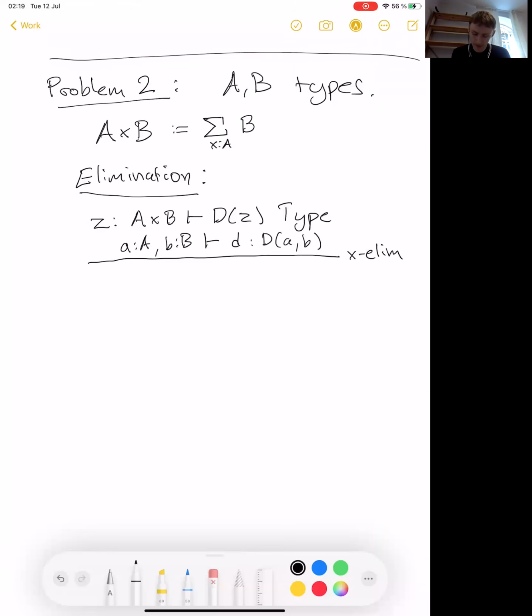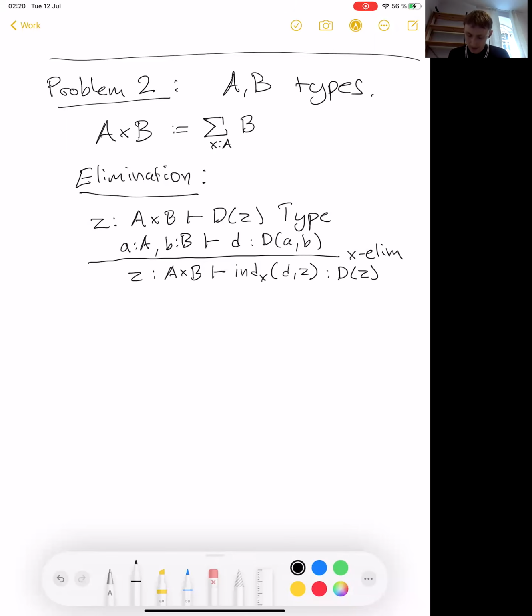So we're given a Z in A cross B. We get a term ind of d, z, of type D of Z. So what is this elimination rule saying?